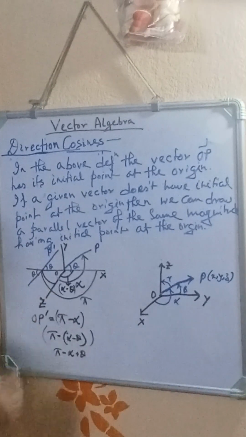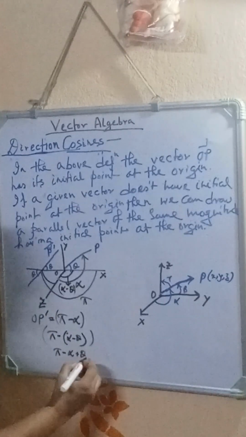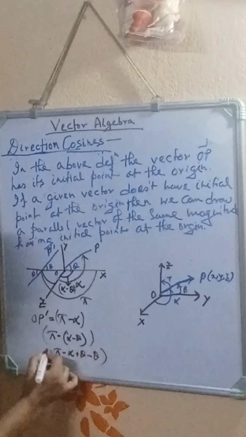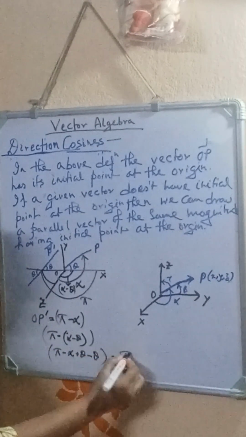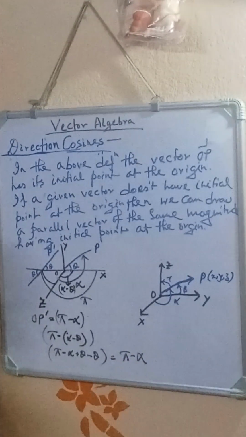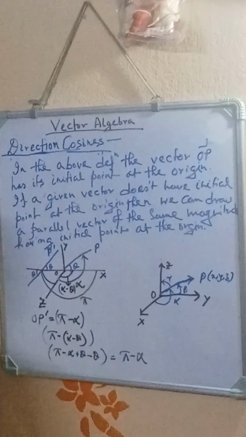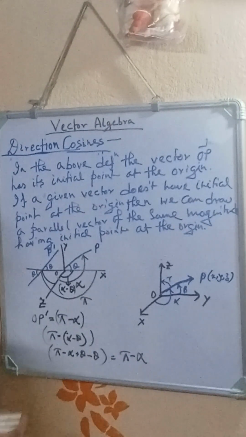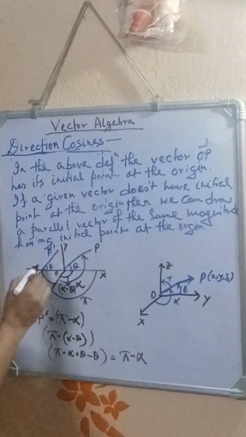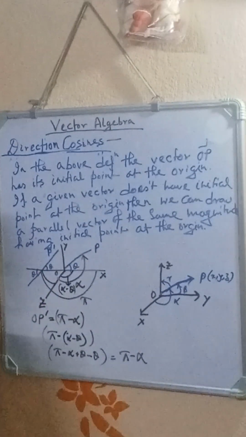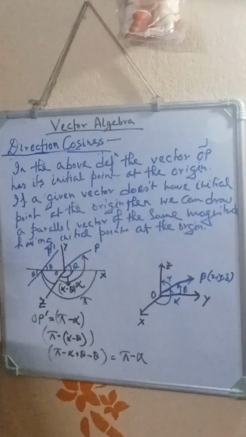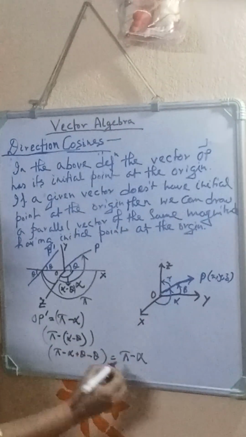And this angle is theta. We have to subtract theta, which equals pi minus alpha. Then, if a vector is parallel to OP dash but does not pass through the origin, then the direction cosine of that vector with the same magnitude will be pi minus alpha.